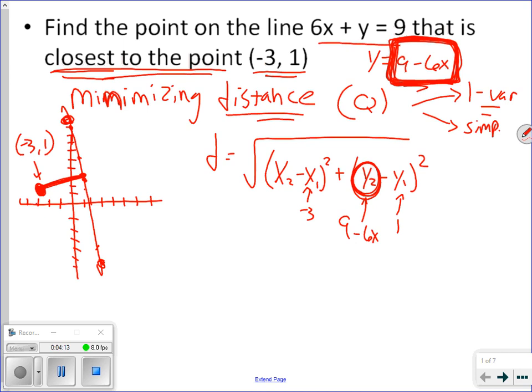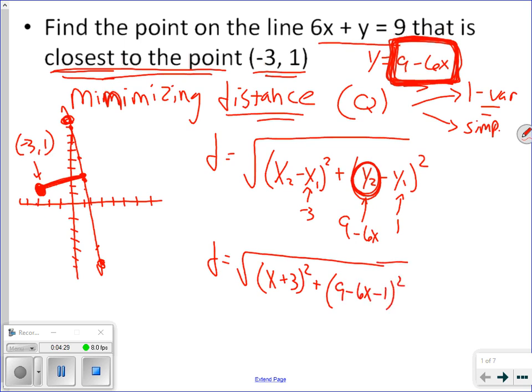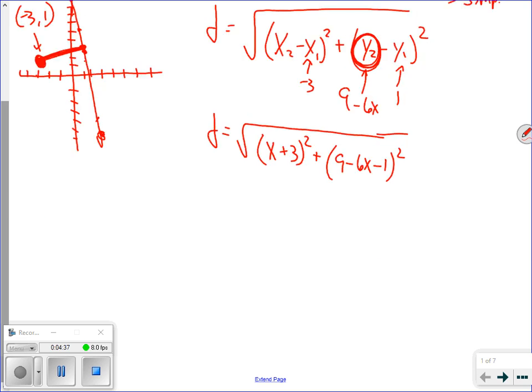What this does is make it single variable. We got the square root of (x plus 3) squared plus (9 minus 6x minus 1) squared. Yay! So we got it in one variable. Check. All in terms of x.